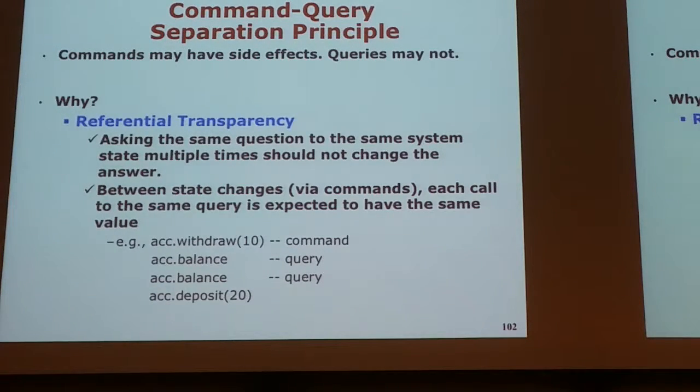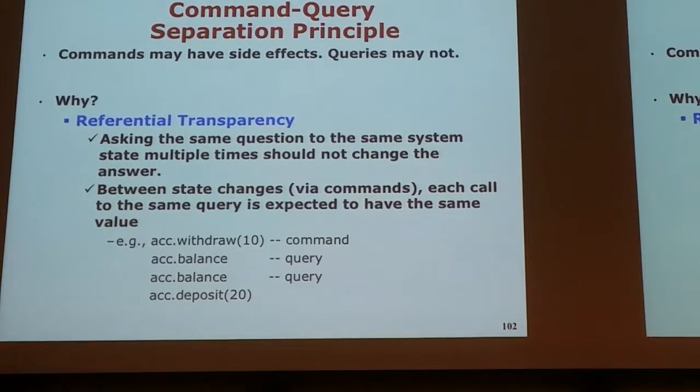Now the balance here, if I ask the same question multiple times between withdraw or deposit, I should expect the answer to be the same. Why not, right? However, of course, you would expect the balance to be different after the deposit, that's for sure. But just between the state updates, the query should have no side effects. There's a fancy name for that, which is called referential transparency.